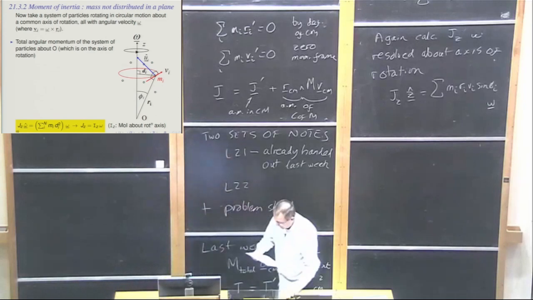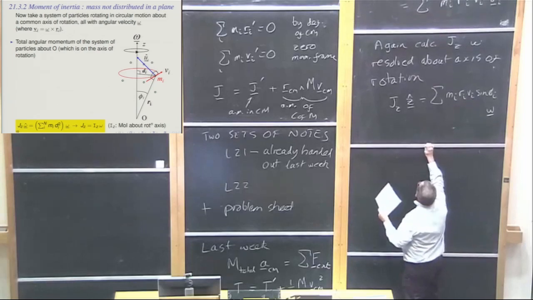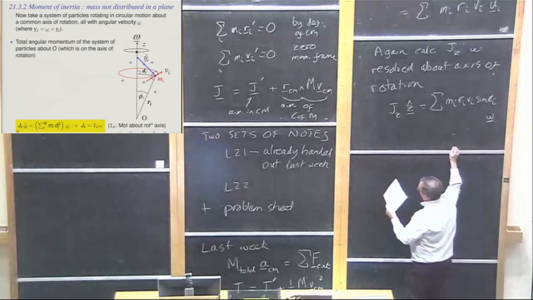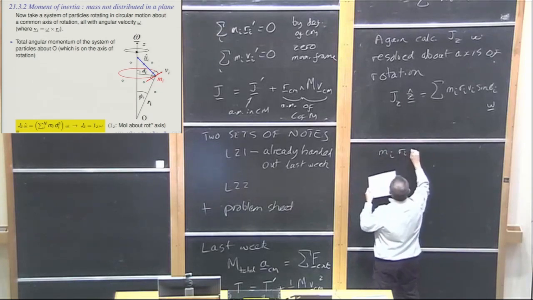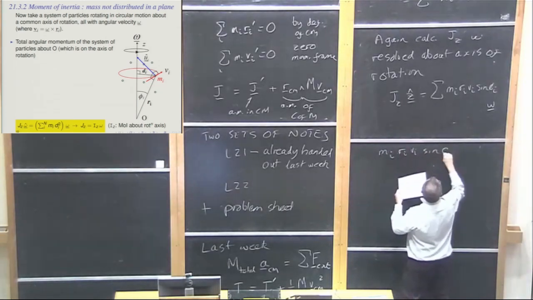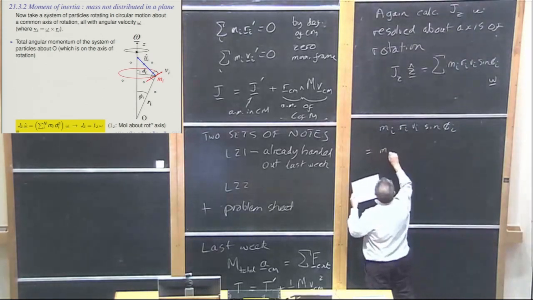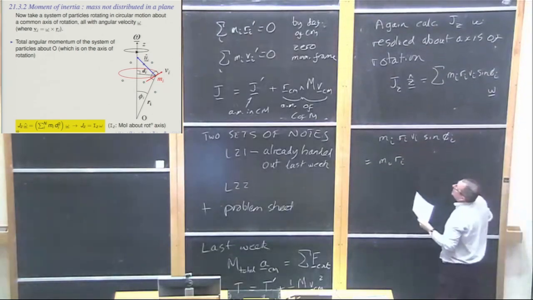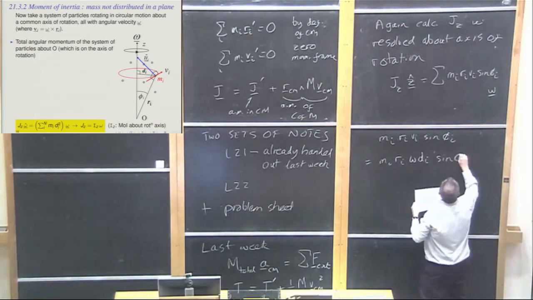Okay. All right, well, what else? Let's just look at this expression. So Mi Ri Vi sine phi i. How else can we write this? Well, I can write it as Mi Ri. I write Vi as omega times di. All right.